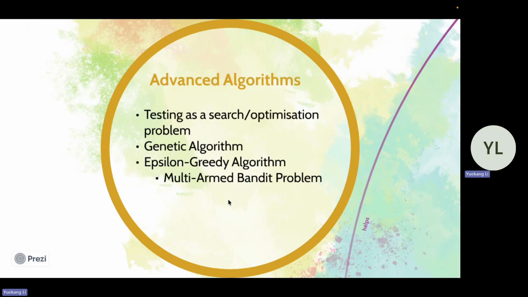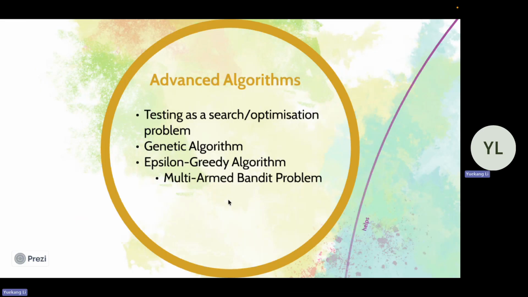And lastly, we learned some advanced algorithms for testing. Basically, we learned how we can model testing as a search or optimization problem, and if we can model testing as an optimization problem, we can apply a genetic algorithm to improve the overall quality of our test suite.